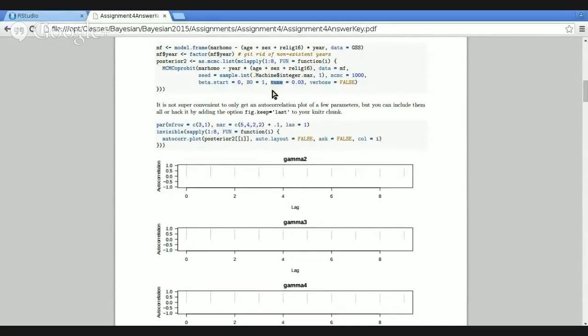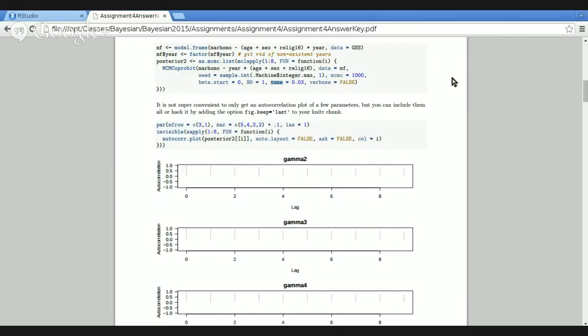It's good that that is available. And in a problem like this, I think it handles the time varying covariates in an easier way to manage than what MCMC Oprobit has to do with all these interaction terms.